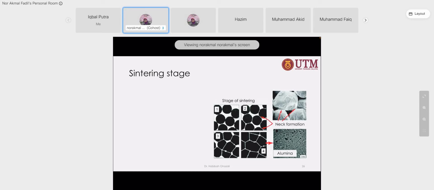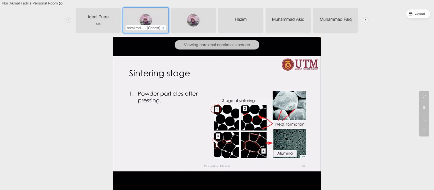During the sintering, what happens is you have particles packed together, and if you heat, it will promote bonding on the surface of the particles. In the third and fourth stage, you can see that the porosity is reduced, and it looks like grains separated by grain boundaries, similar to metal.